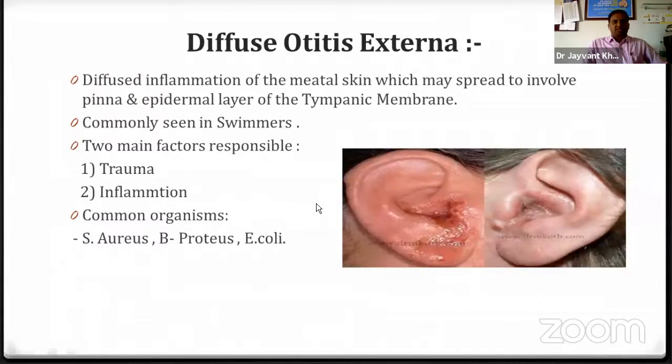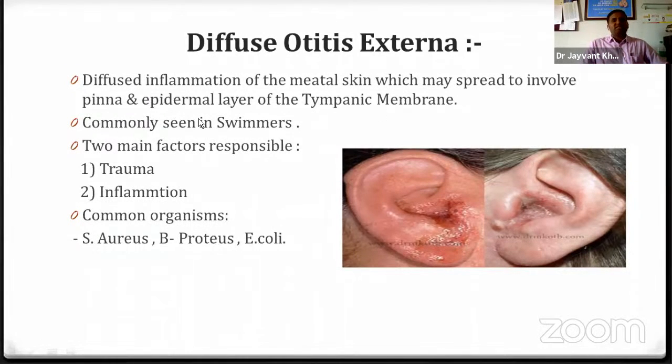Diffuse otitis externa. We have seen localized otitis externa or furuncle. Then we will go to the diffuse or generalized otitis externa: diffuse inflammation of the meatal skin, which may spread to involve the pinna and the epidermal layer of the tympanic membrane.